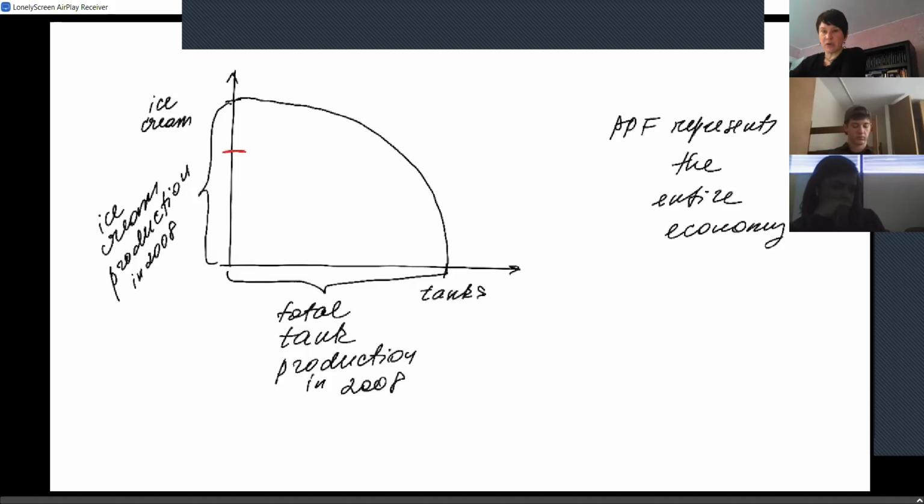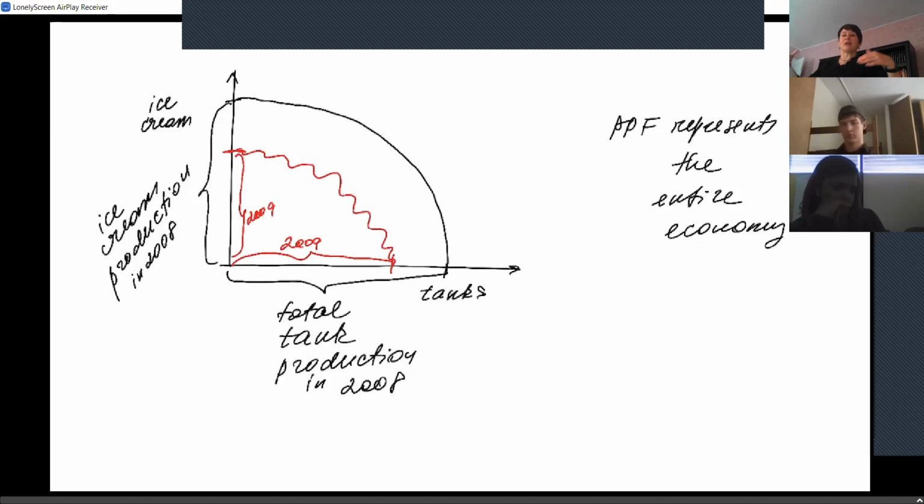Fewer ice creams were produced in 2009, fewer tanks were produced in 2009. So look what happened to the PPF that represents the entire economy when the economy plunged into a recession. It shifted inwards, okay?